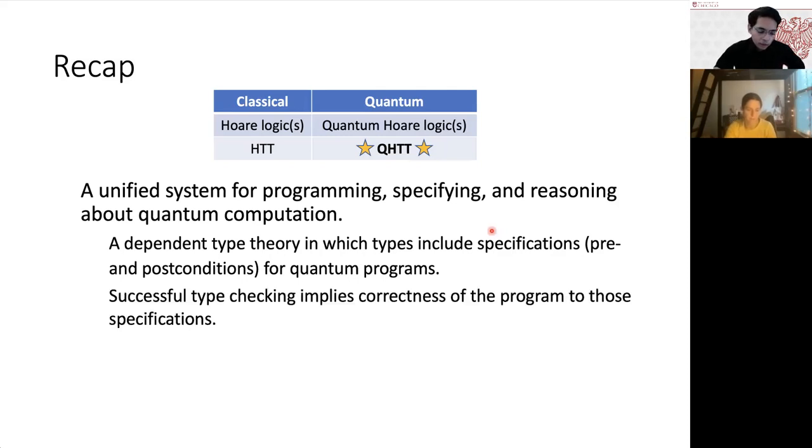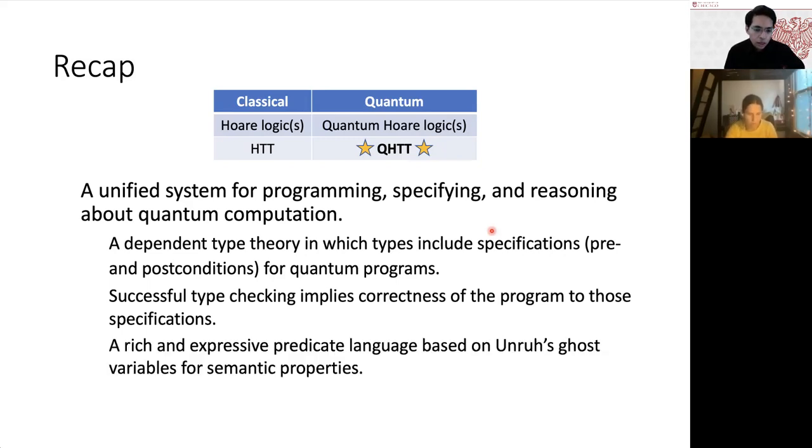It's a dependent type theory in which types can specify pre and post conditions. The general idea is that if your type checking goes through, it means that the program you have implemented is correct up to those specifications. It also comes with a specification language, which lets you specify interesting properties about your program, such as whether a certain state is separable or if it is classical, and the state predicates that we saw above.